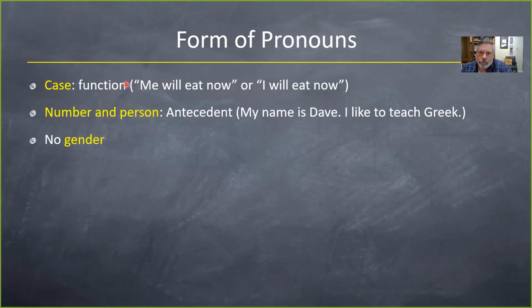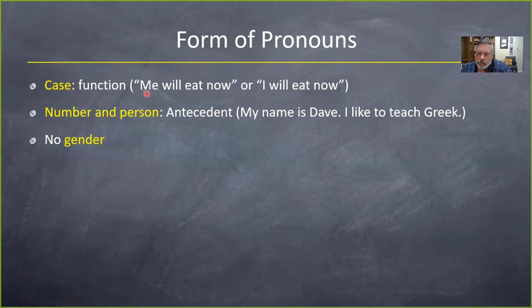Greek is the same. Its case is determined by its function. You would not say "me will eat now," you normally would say "I will eat now," because the case would be the nominative case, the subject. Here, me is an accusative case, so it would not function as a subject.